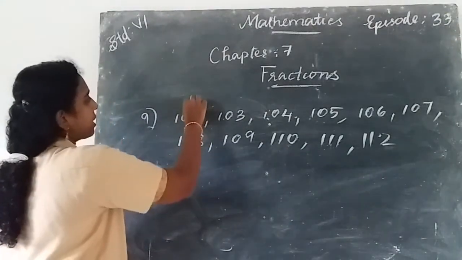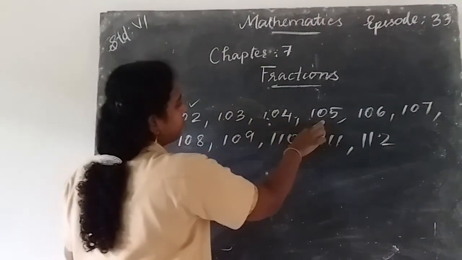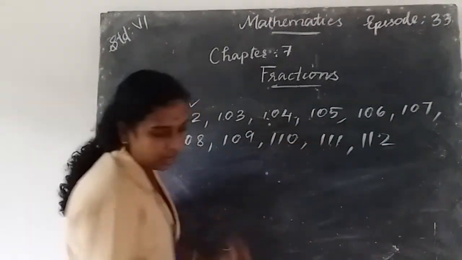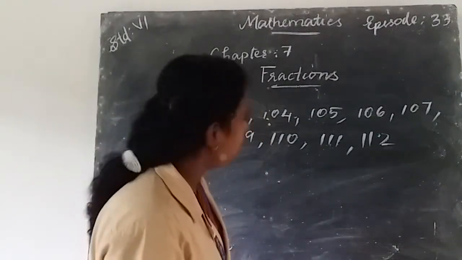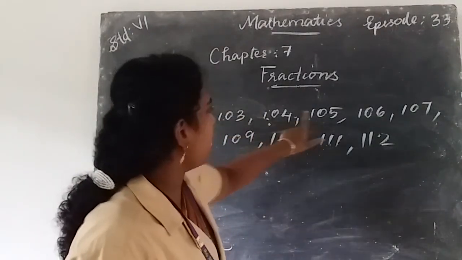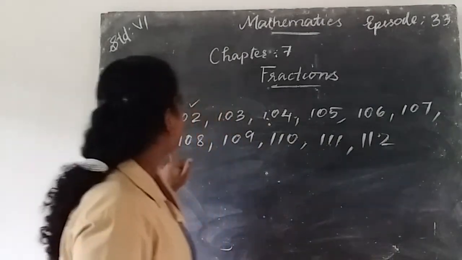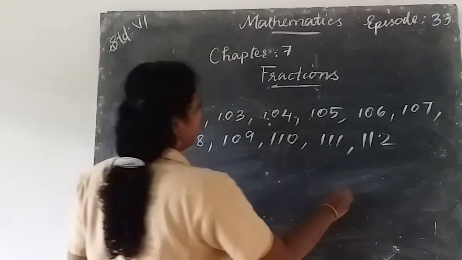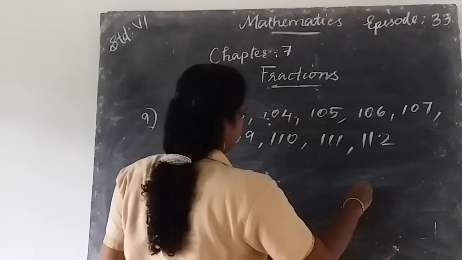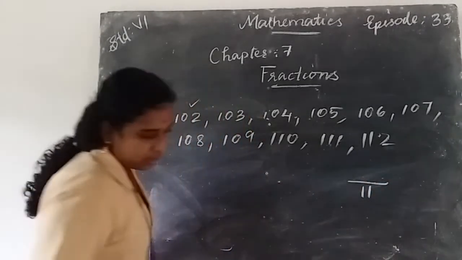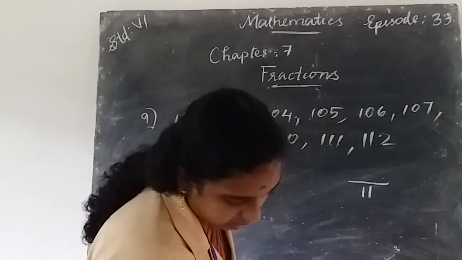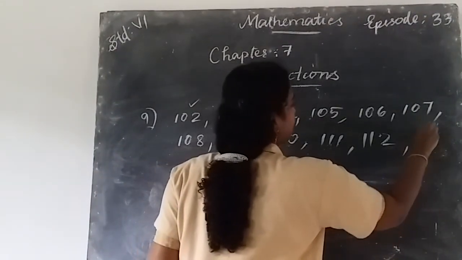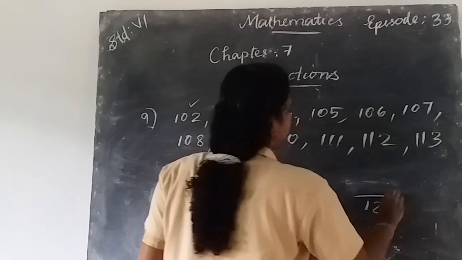How many numbers are given? 1, 2, 3, 4, 5, 6, 7, 8, 9, 10, 11. 11 numbers are given, and including 113, 12 numbers are given.